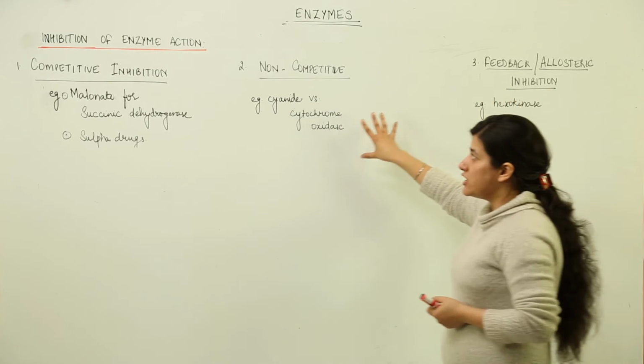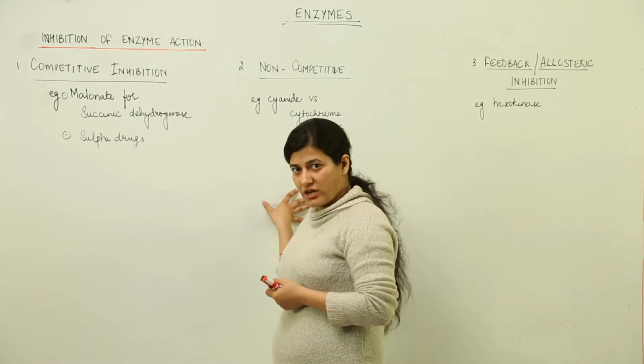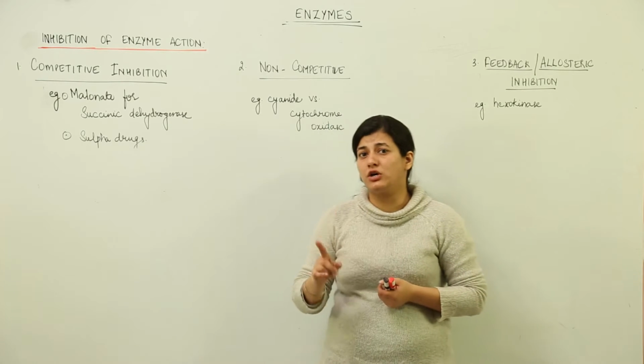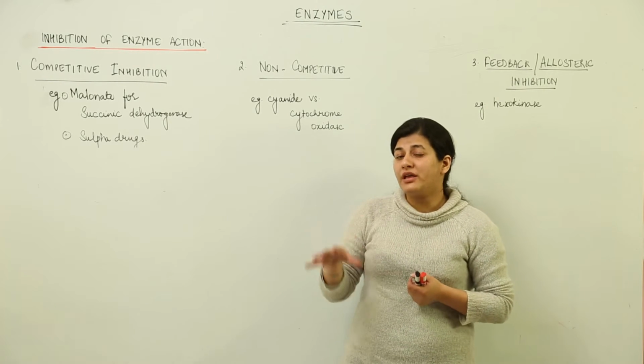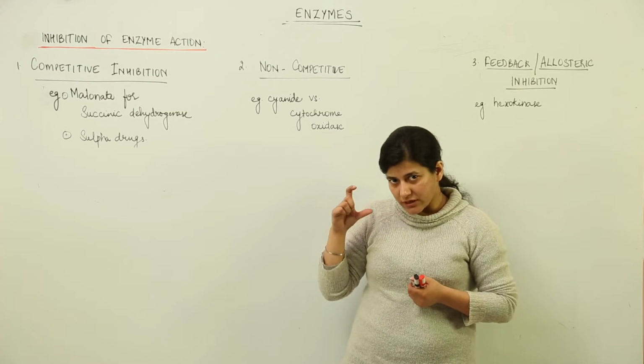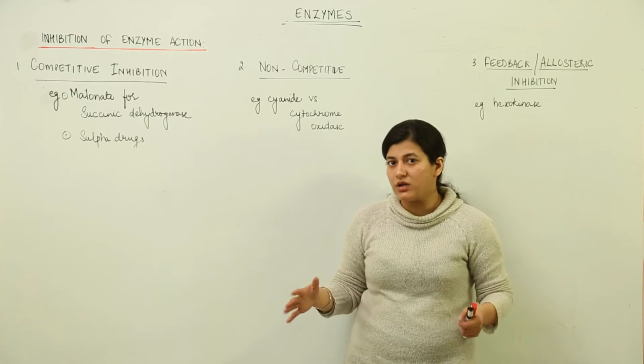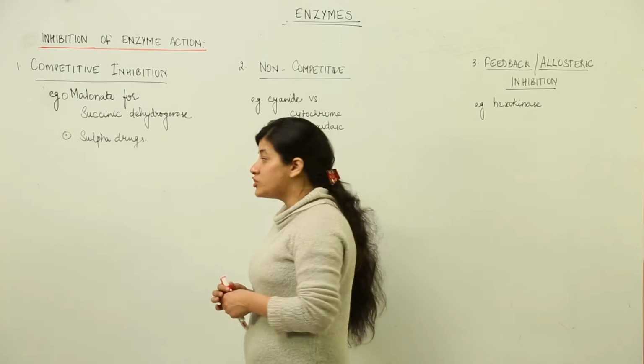Now please pay attention: apart from these three types of inhibition, the one predominantly responsible for bringing enzyme action to a condition where the enzyme is not working at all is denaturation. That is the most important thing.